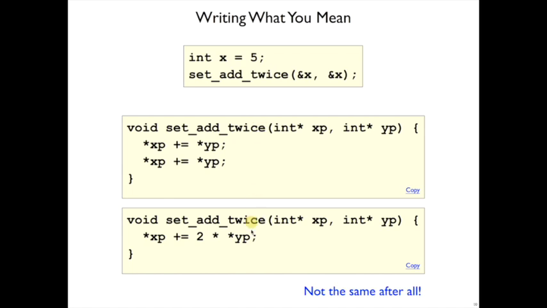And the second one happens to be more what we were thinking about probably, but the compiler doesn't know which operation we actually had in mind in the case that xp and yp point to the same address. So that's why the way that we write code can affect the performance, the resulting machine code.